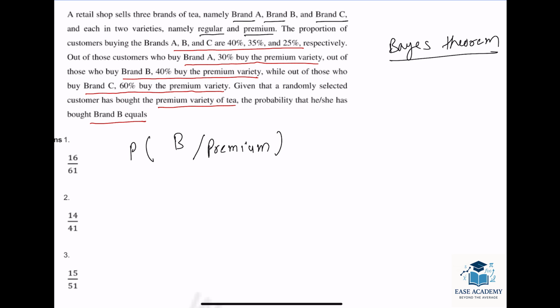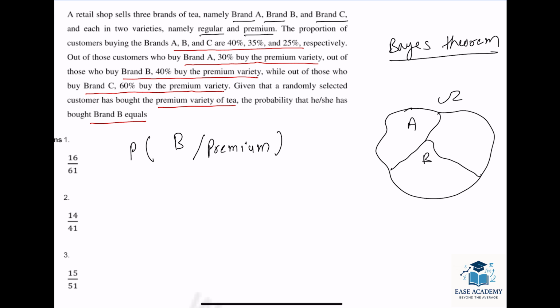question. Now pictorially, if I have this omega, I just divide the whole omega into 3 sets, a partition of this sample space where we have brand A, B and C. The respective information is given that brand A is 40%, 35% customers are available here and 25% customers are available here.